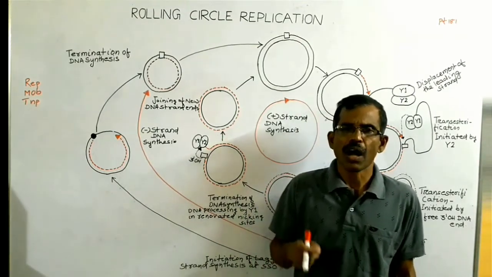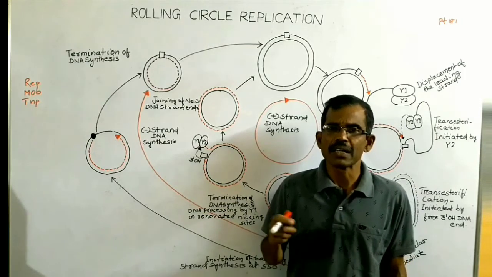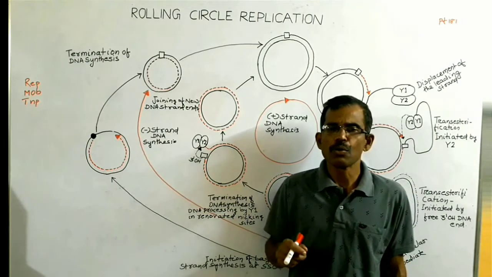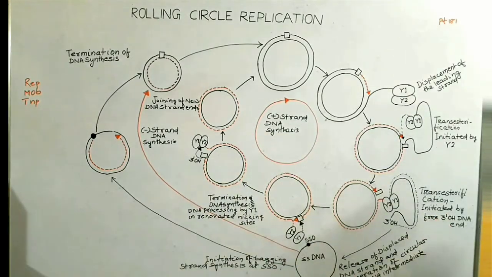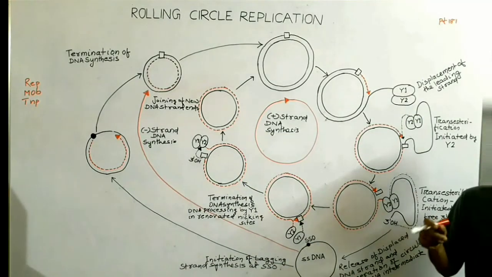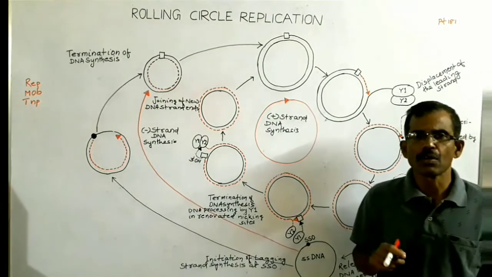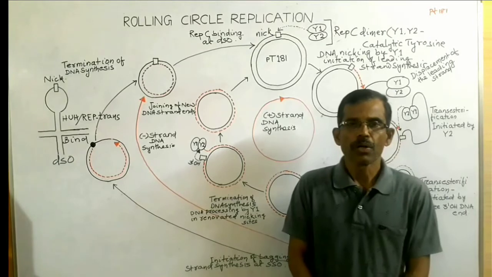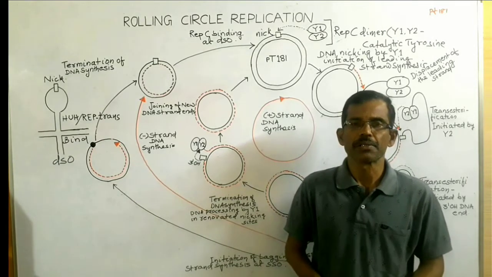The best known RCR replicons are bacteriophages and bacterial plasmids, including ΦX174 and another plasmid, pT181, that has been isolated from Staphylococcus aureus.